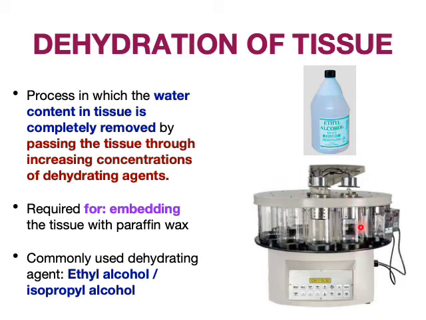Or we can keep the bottles separately with ascending grades of alcohol and do it manually. So for every 1 hour we will be changing the tissue from bottle to bottle. In that way we can do the dehydration manually or by automatic tissue processor.